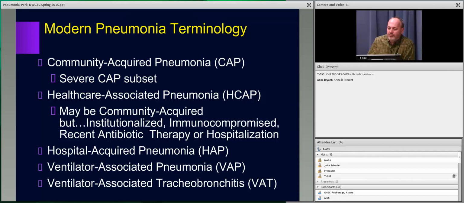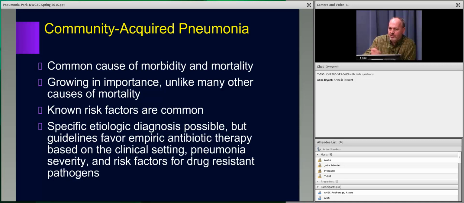And so I'll try to refer to that population as we're going through the community-acquired pneumonia guidelines and so on. But be aware that there is now an additional category, healthcare-associated pneumonia. And the reason that it's drawn aside is because the patients tend to get infected with drug-resistant pathogens like MRSA and Pseudomonas and things like that, whereas community-acquired pneumonia patients usually don't develop infections with those kind of things.